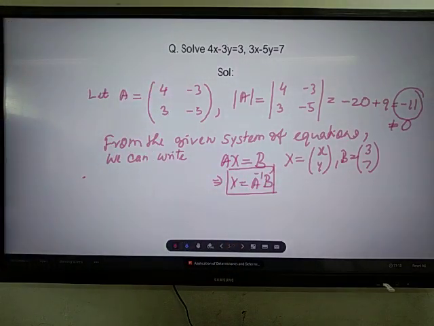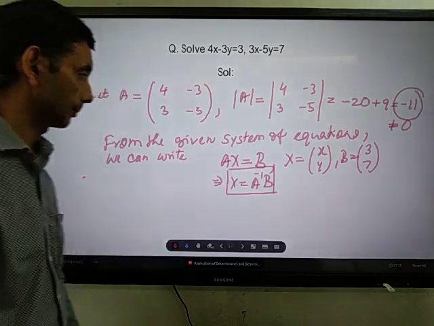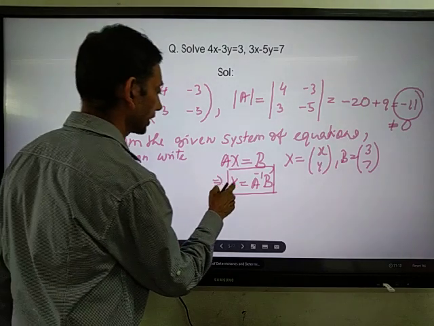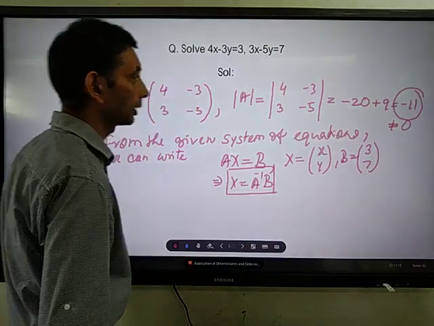So now we are going to calculate the value of x. To calculate the value of x, we need to calculate A inverse. So what is A inverse?